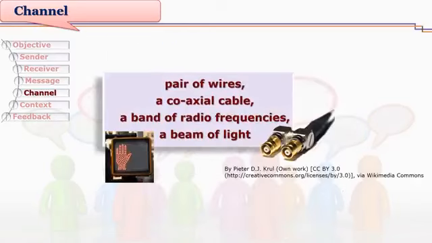Sometimes when we talk about mass communication or distance communication, we require electronic media. We require a pair of wires, coaxial cables, or maybe a band of radio frequencies, a beam of light. All these become channels for us. We listen to radio programs.